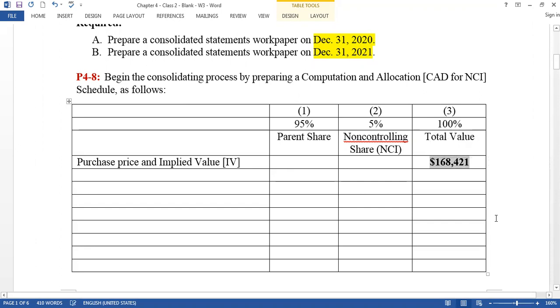This is the total 100% value, but the parent company acquired only 95% and paid $160,000. So this is the 95% share of the parent company, and the remaining 5% is the non-controlling interest, 8,421.